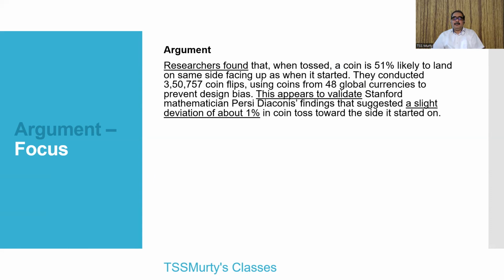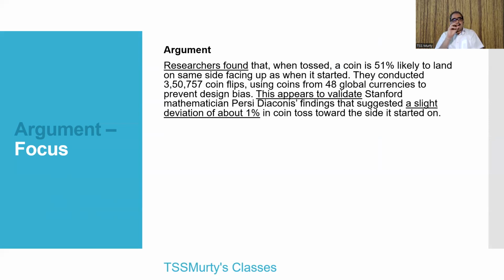So if you look at the argument, what does it say? I've underlined the key parts there. Researchers found something. They experimented, they found something. There's a deviation of roughly 1%, 51% likely to land on the same side. And they have done various experiments, not just one or two, it is 3.5 lakh plus coin flips.